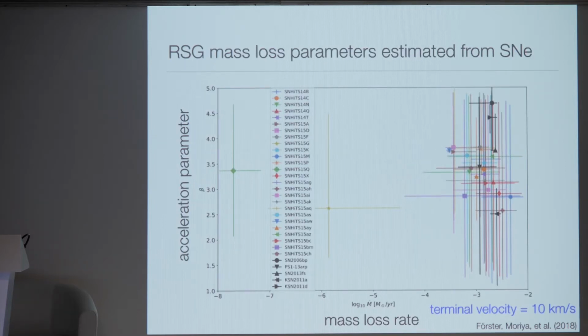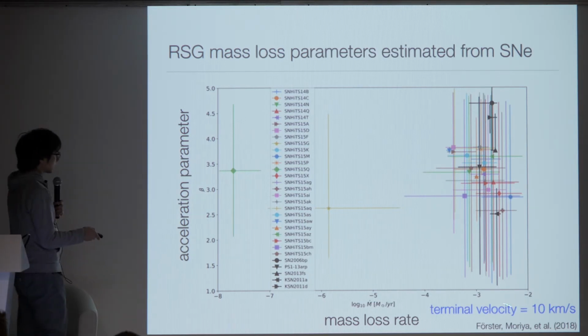Based on our light curve fitting, we could get the required mass loss rate of the progenitors, and also this wind acceleration parameter beta. As you can see, this acceleration parameter is not well constrained, but the center is around 3-ish.